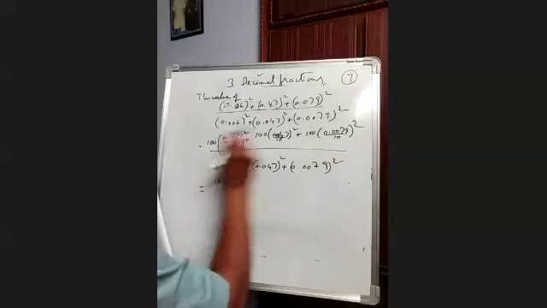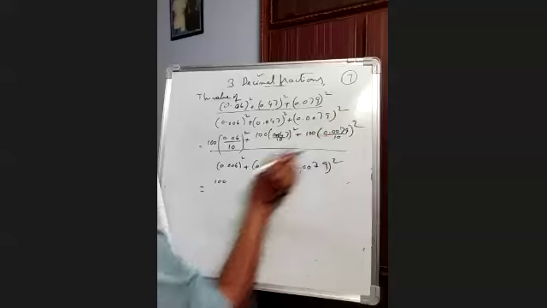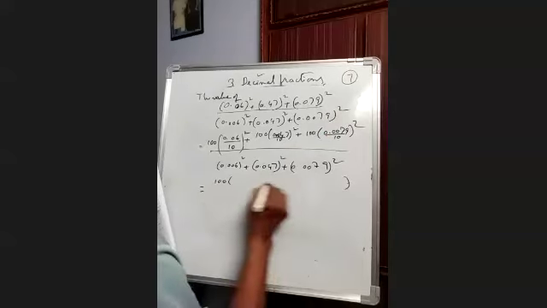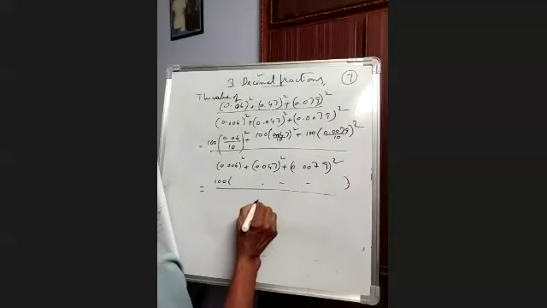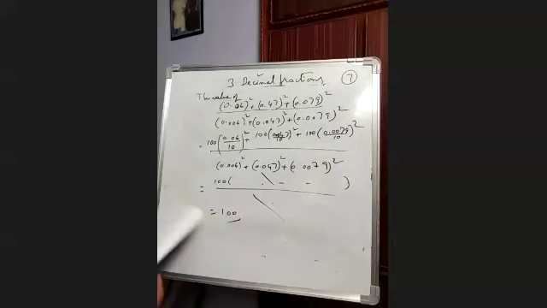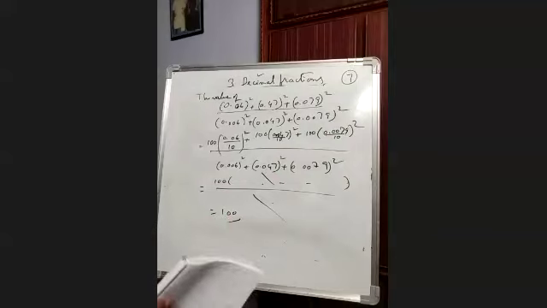Bring 100 common. The remaining portion will be exactly equal to the denominator. 100 into all that, denominator, same thing. Answer will be 100.